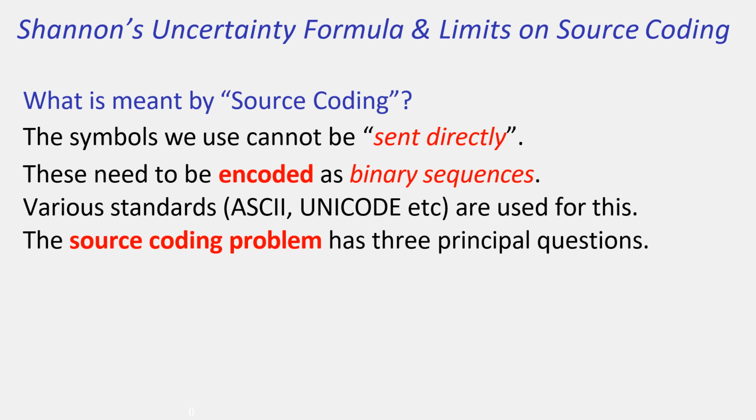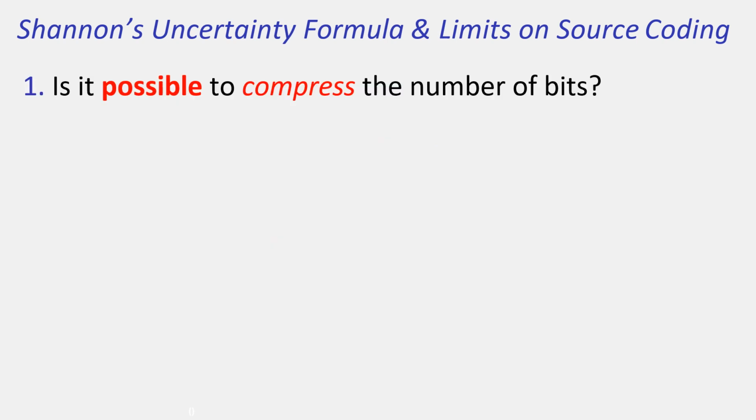And the source coding problem, as it's called, has three main questions. First of all, is it possible to compress the number of bits needed to encode symbols? So it might seem, if one has a 32 character alphabet, that one has to use on average 5 binary characters to encode symbols.